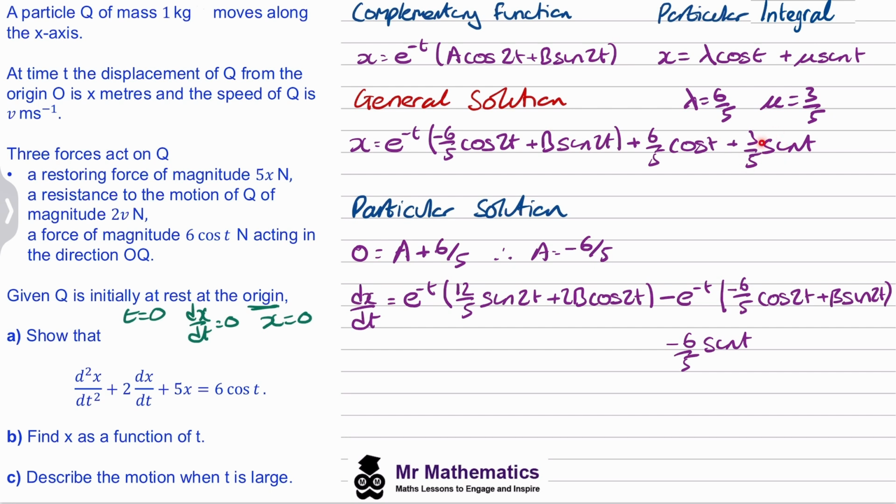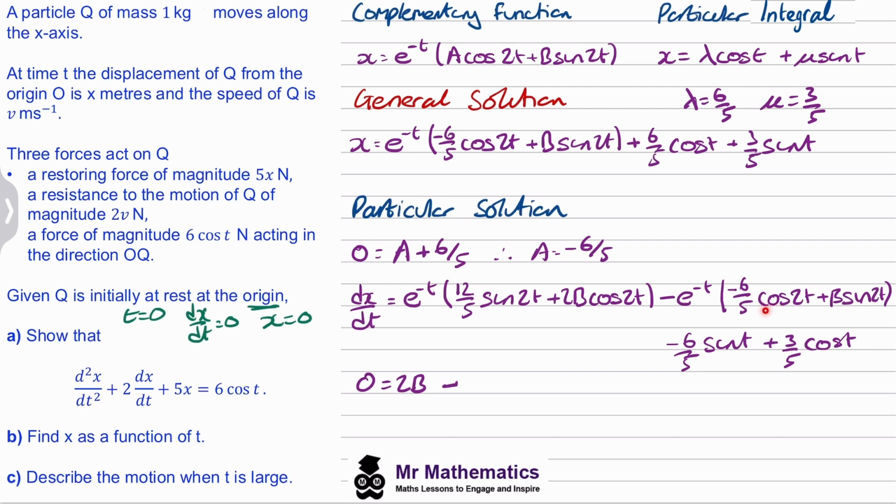When we differentiate this, we get positive 3 over 5 cos t. So I don't need to expand out these brackets, we can just substitute in these conditions. We know dx by dt is given as 0. When t is 0, this will become 1. This term will go, so we're just left with 2b. This will become negative 1.